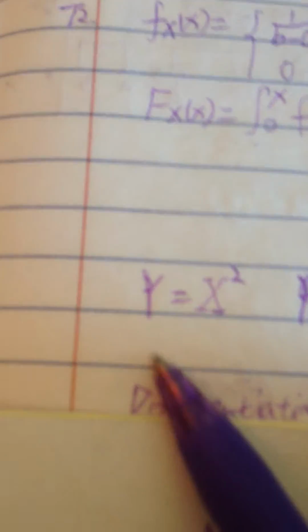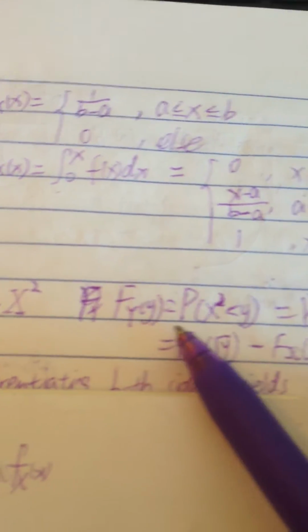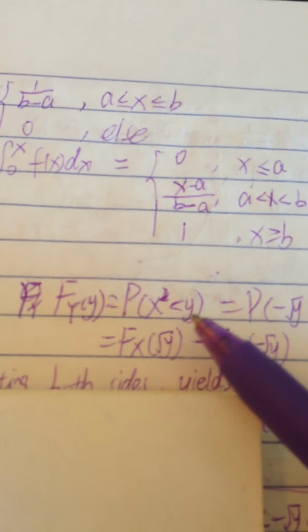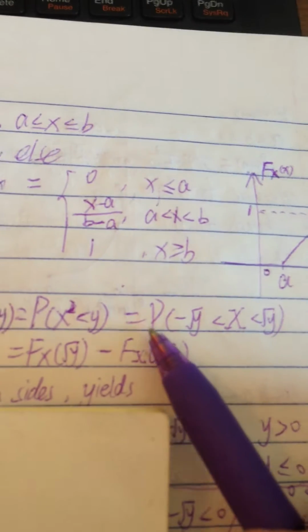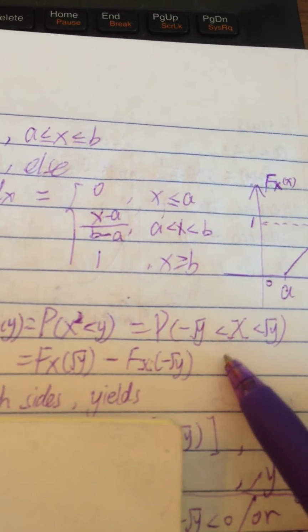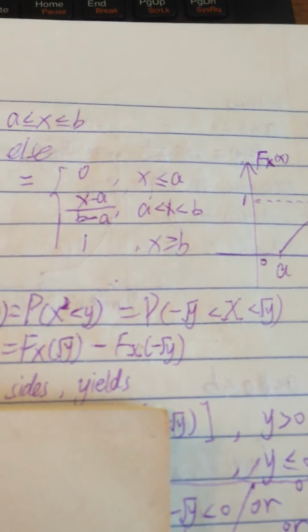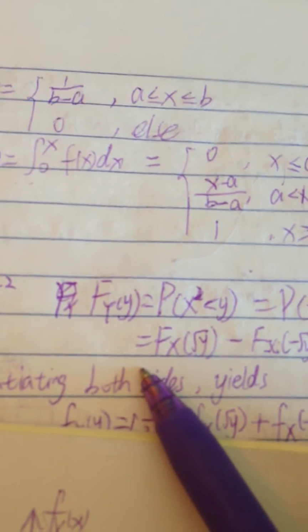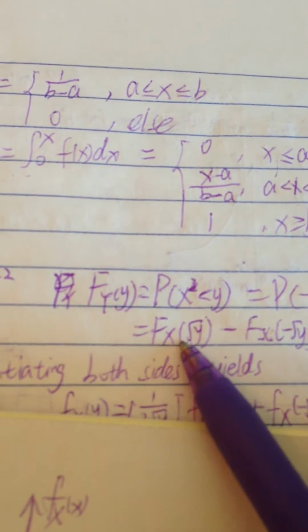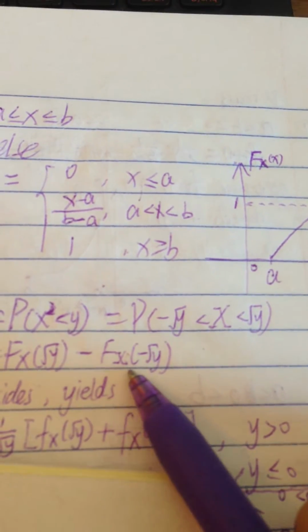Since y equals x squared, we can find capital F of y equals the probability of x squared being less than y. So that is the probability of x being greater than minus square root y and less than square root y, which equals capital Fx of square root y minus capital Fx of minus square root y.